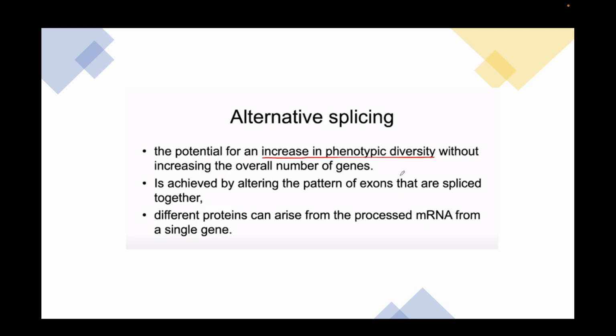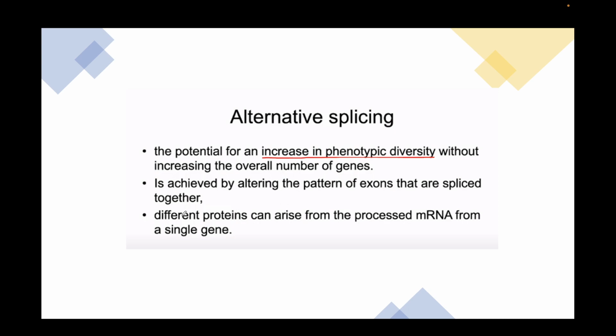Phenotypic diversity can be, for example, coat color or hair color in mice, the height of a plant, or drug resistance, drought resistance or pesticide resistance. In bacteria it doesn't happen, so we can leave bacteria. It is achieved by altering the pattern of exons that are spliced together.